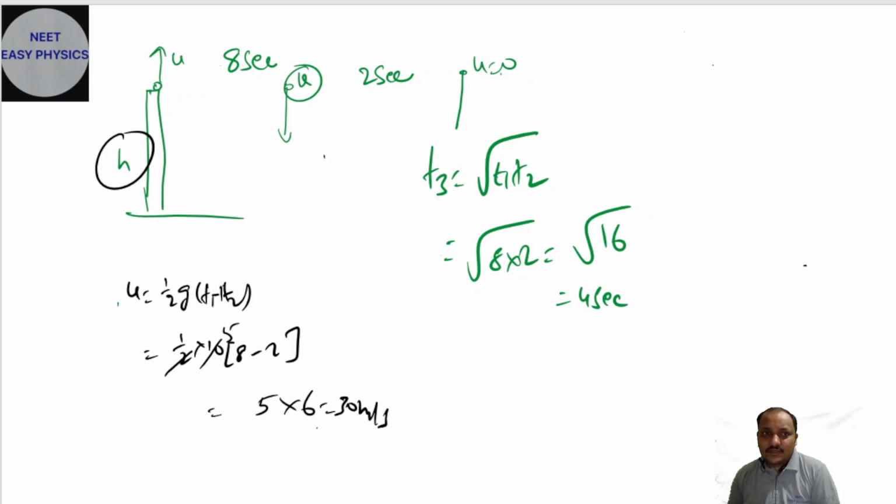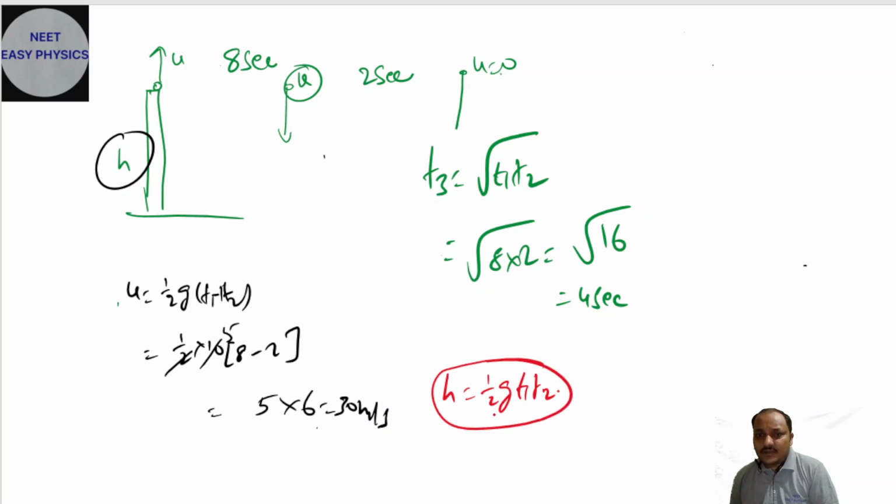For the same question, they will ask the height. h is equal to half g t1 t2, otherwise half g t3 square. Any equation we can use: half into 10 into 8 into 2, so 80 meters. So like this, they are going to ask the question.